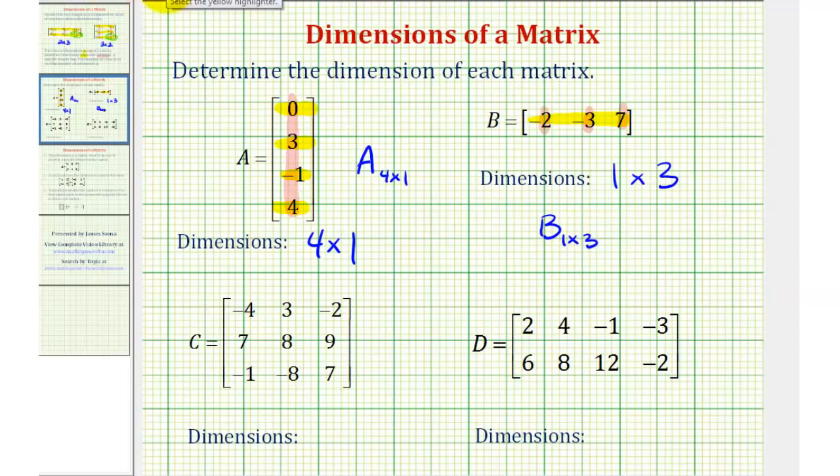Looking at matrix C, notice how we have 1, 2, 3 rows and 1, 2, 3 columns. So the dimensions would be 3 by 3. Because the number of rows and columns are the same, this is called a square matrix. Or again, if we use the capital letter C, we would have C with a subscript of 3 by 3.